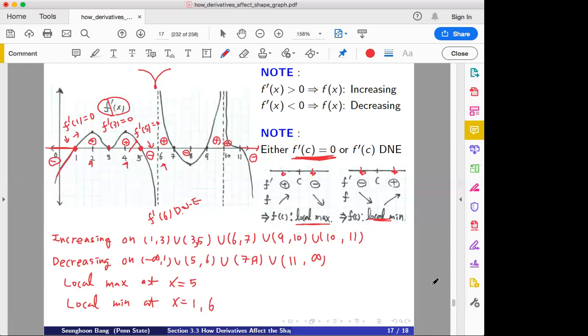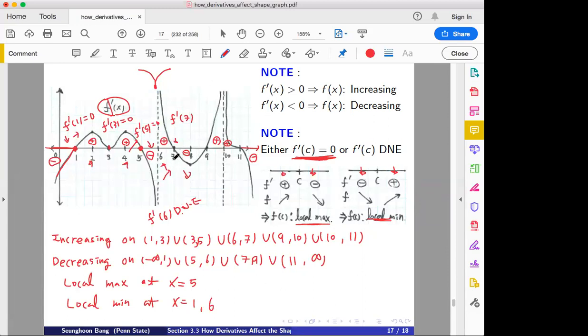Function f is continuous. F prime is discontinuous, but the problem said function f is continuous. In this case, we have a cusp at 6. We have a local minimum. What about 7? F prime of 7 equals 0. The sign changes from positive to negative. Yes.